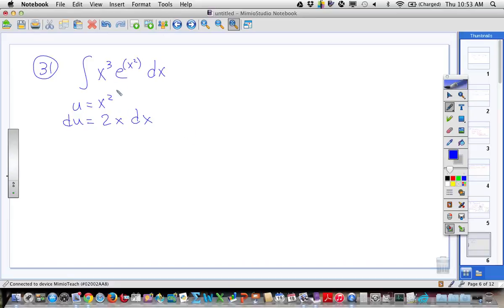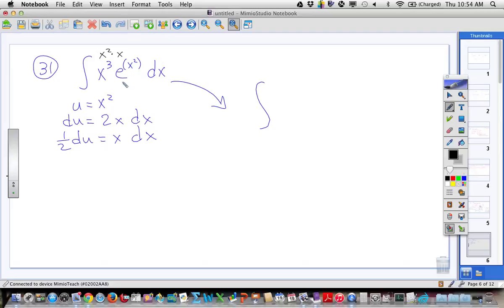So the 2, of course, is not in there, so I'm going to divide it over. Because we're doing u substitution right now. We're not doing the integration by parts thing. So I'm going to give myself a new integral here. So x cubed we're going to think of as x squared times x, right?